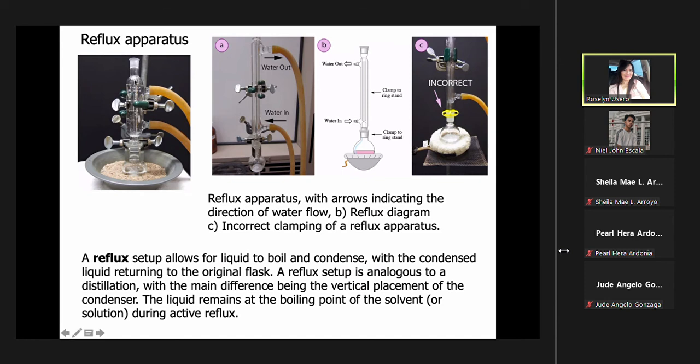So this is a reflux setup with the condenser returning to the original flask. It remains at the boiling point of the solvent.